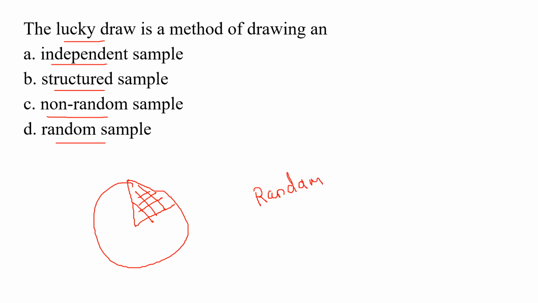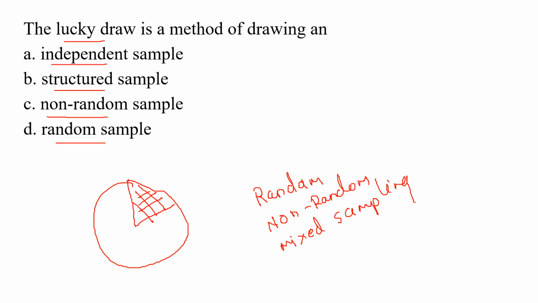that is random or probability sampling, then non-random, that is non-probability sampling, and mixed sampling. In random or probability sampling, each element in the population has an equal and independent chance of selection in the sampling.